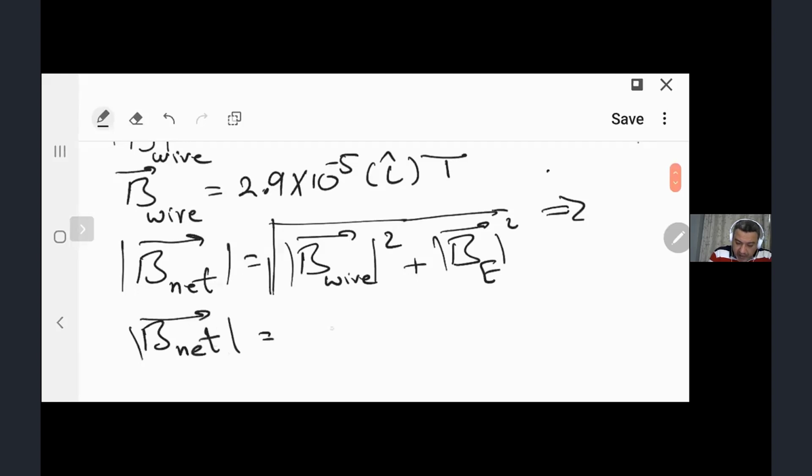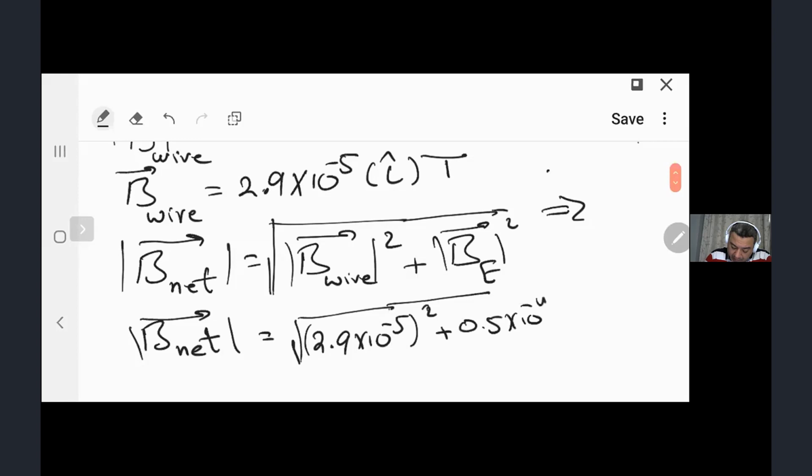B net magnitude is 2.9 times 10 to the minus 5, squared, plus 0.5 times 10 to the minus 4, squared.